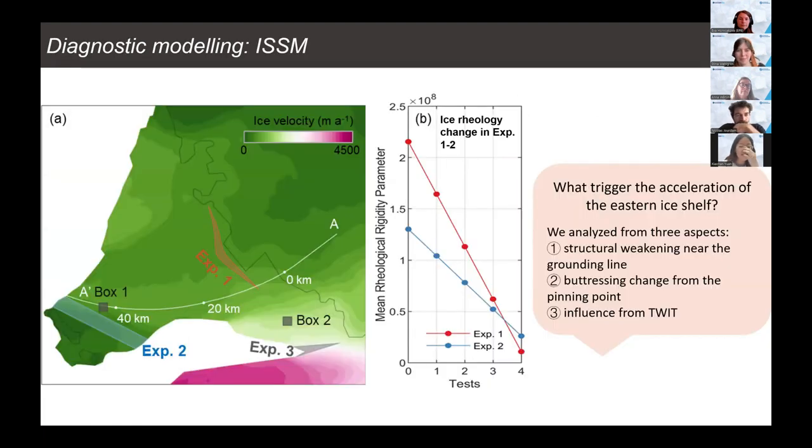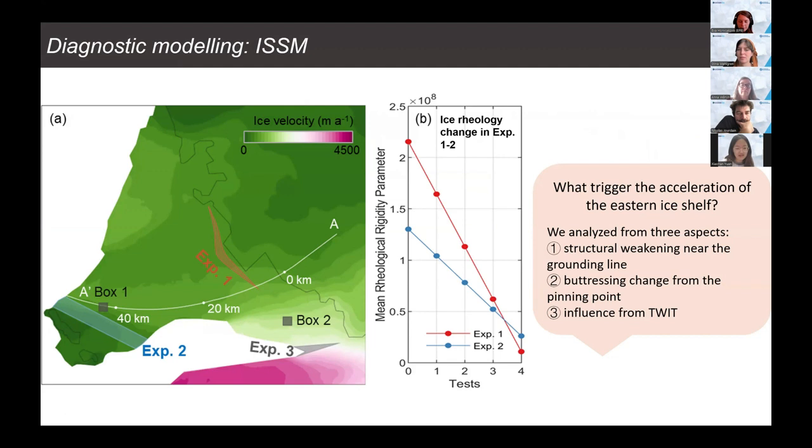So, based on all the observations, we found that near the grounding line, there is fracture development, intense basal melting, and also the presence of warm ocean water. And near the pinning point, there are also fractures in the shear zone and a weakened backstress effect, which weakened the connection between the pinning point and the shear zone.